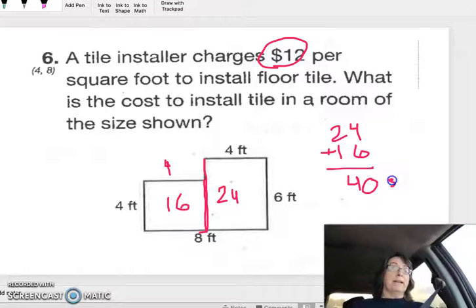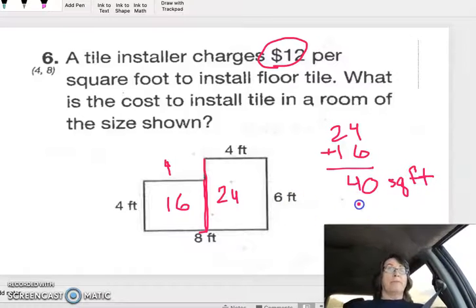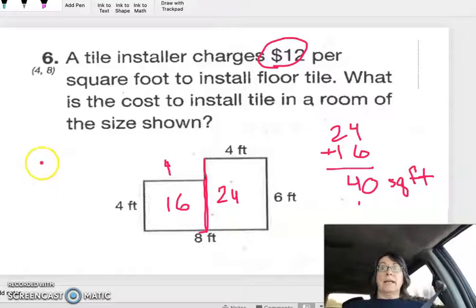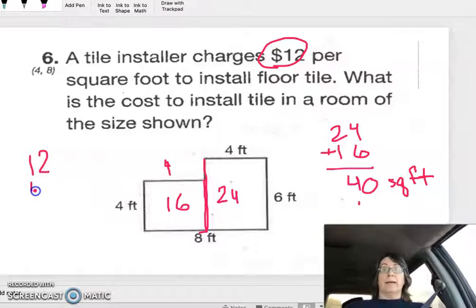Okay, but that's not the final answer, is it? It says that we have to tell what is the cost of tiling the room. So we had to find out the area so that we could say $12 per square foot. $12 for every square foot is going to mean that I'm going to do 12 times 40.